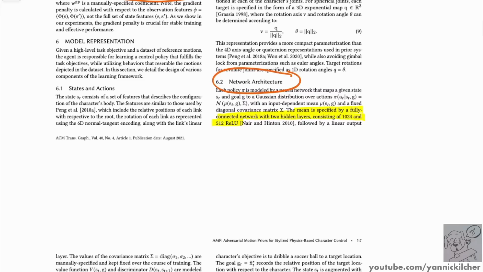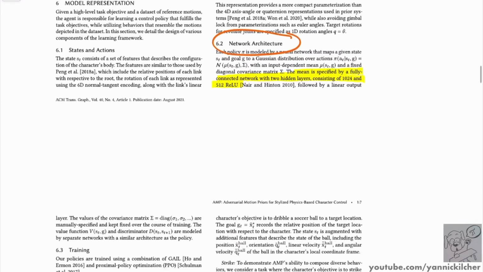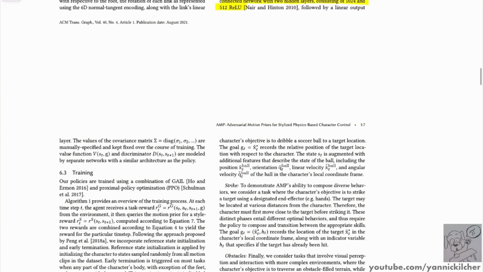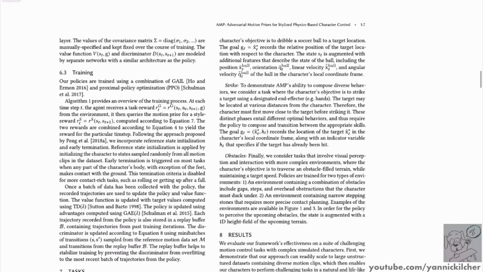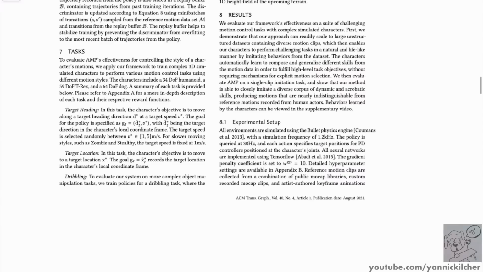I guess that's a fully connected layer with a ReLU nonlinearity followed by a linear output. So the networks aren't super complicated right here. What's more complicated is the training procedure, the loss, the regularization constants, and the reward engineering.